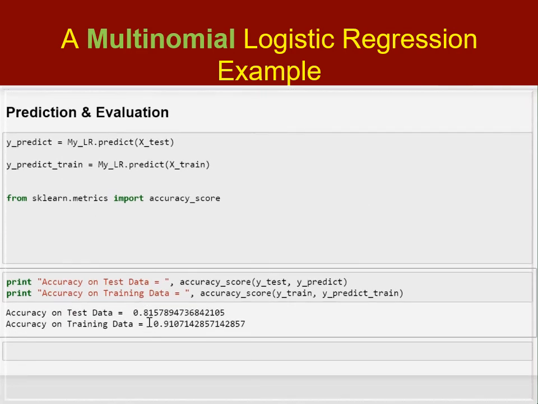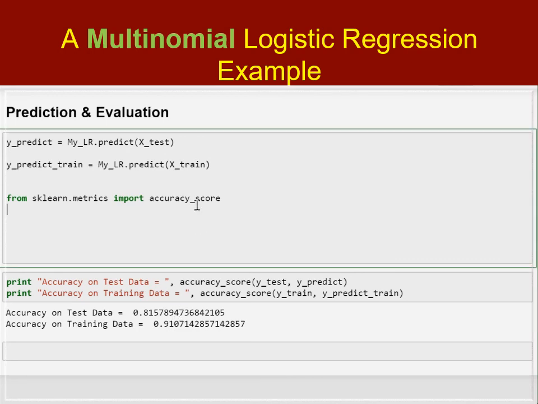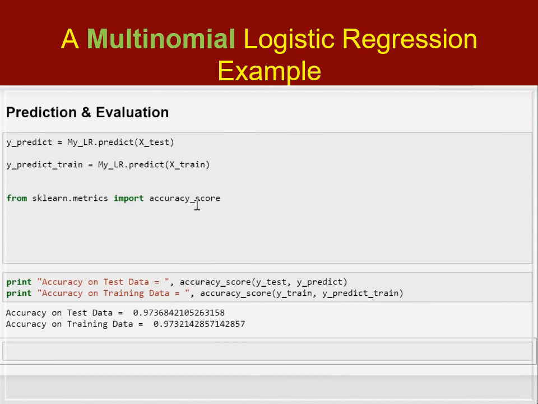So remember that before we changed the parameters, the accuracy score for the test data is almost 82%, and for the training data is 91%. It's less than 10% difference between the two. So let's see what's gonna happen now. As you see here, we see significant improvement in both the testing data set and training data set.